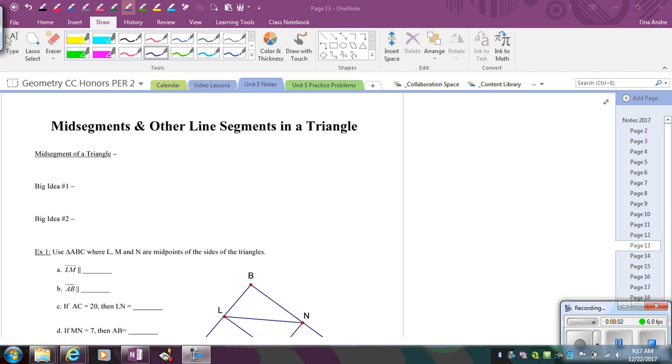In this lesson, we're going to learn about some special types of segments that are in triangles. The first segment that we're going to learn about is called a mid-segment. If you think about this word, you have heard of a midpoint.